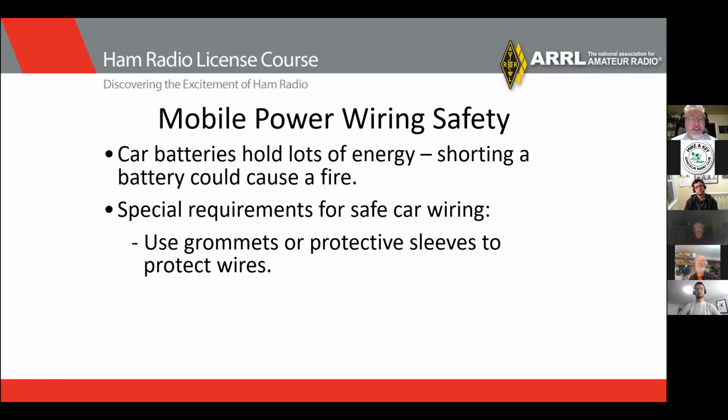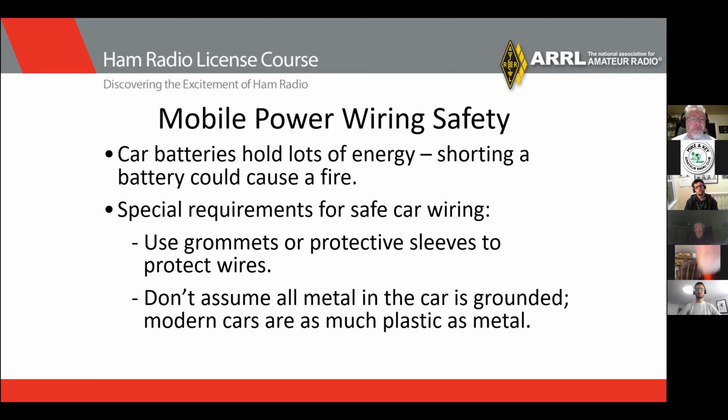Always use grommets or protective sleeves to protect wires as you're feeding them to your radio. And don't assume that all metal in the car is grounded, because modern cars are made up of as much plastic as metal nowadays.